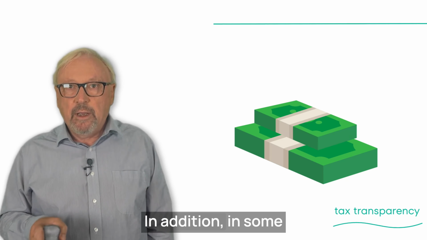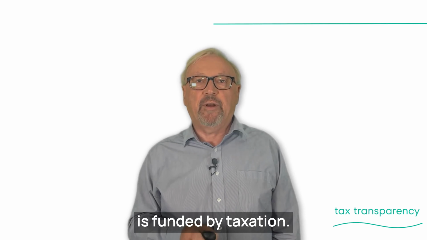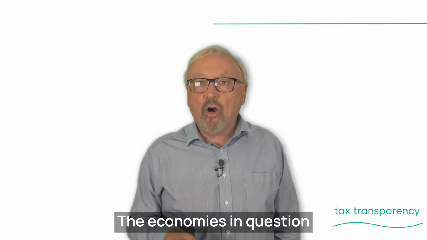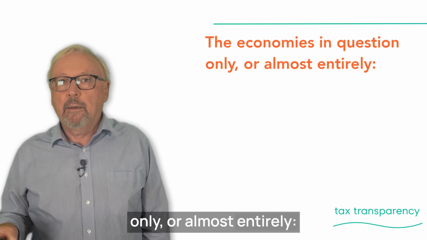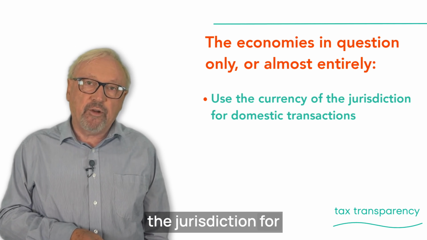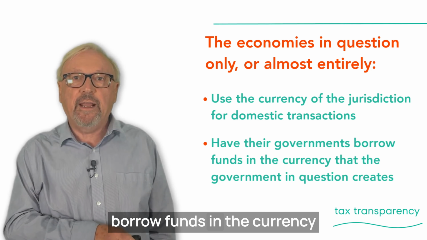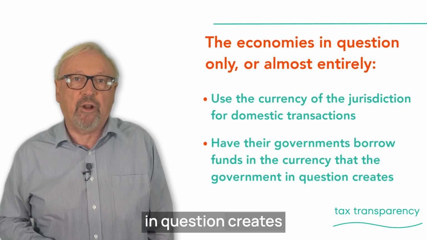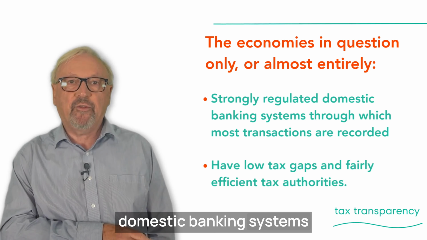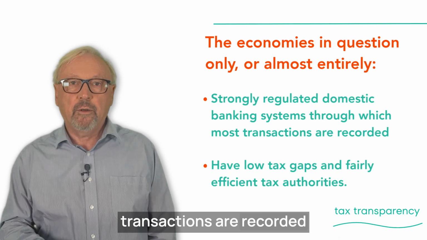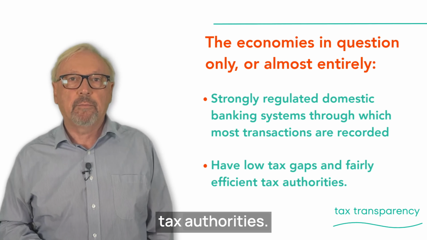In addition, in some economies, it can be argued that no government expenditure is funded by taxation. The economies in question only or almost entirely use the currency of the jurisdiction for domestic purposes, have their governments borrow funds in the currency that the government in question creates, have strongly regulated domestic banking systems through which most transactions are recorded, have a low tax gap, and have fairly efficient tax authorities.